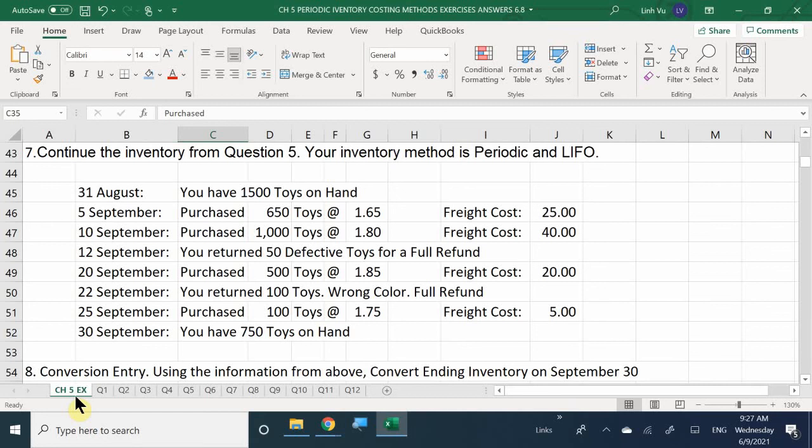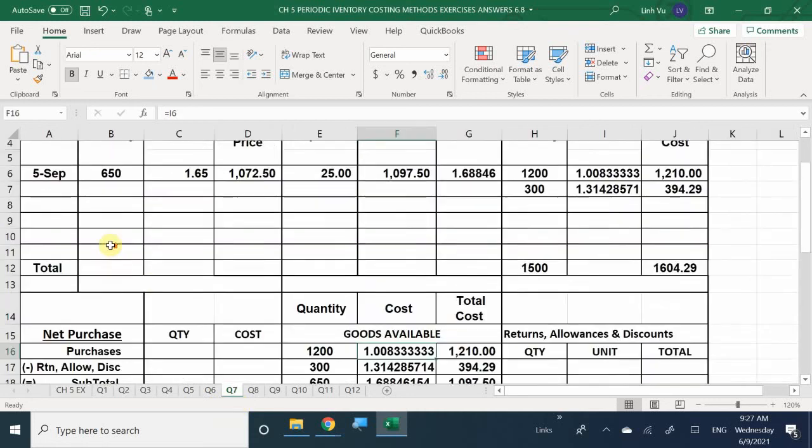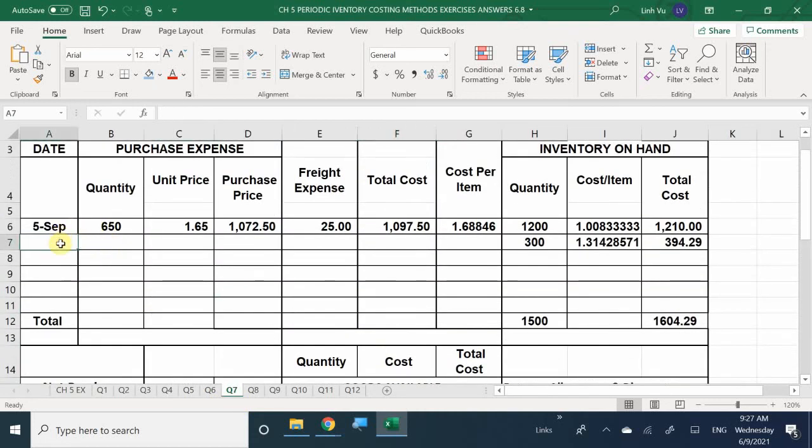We purchased 1,000 toys at $1.80 each, and a freight cost of $40. So on September 10, we purchased 1,000 toys at $1.80 with a freight of 40. Okay.